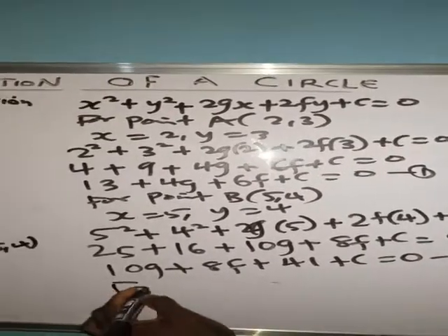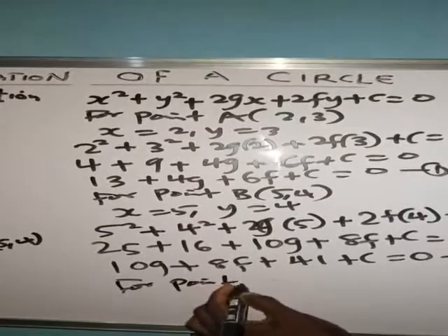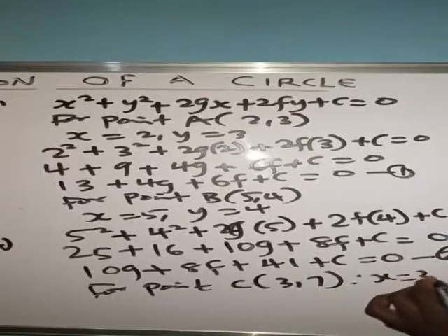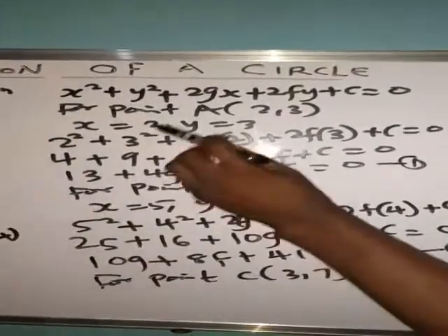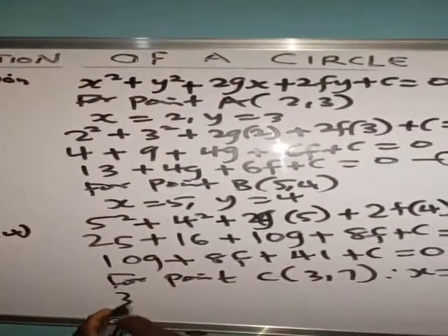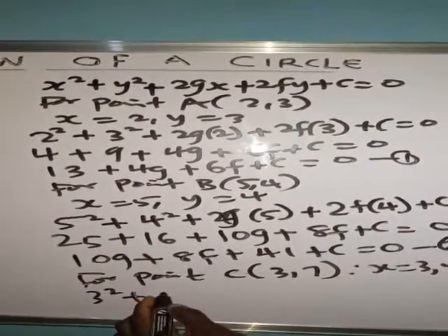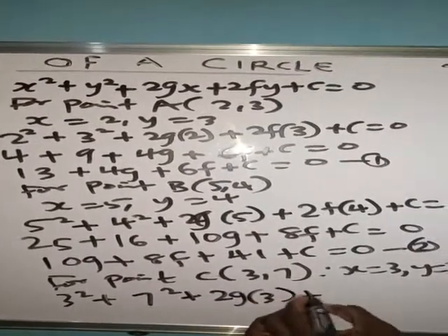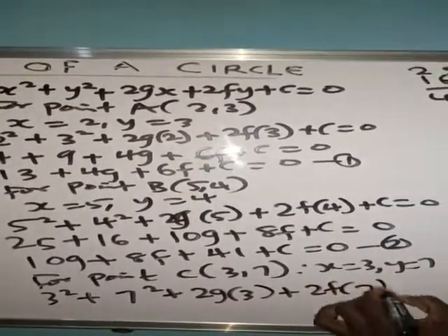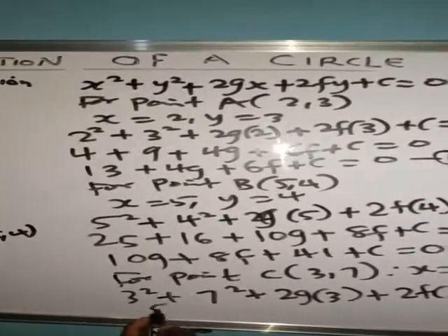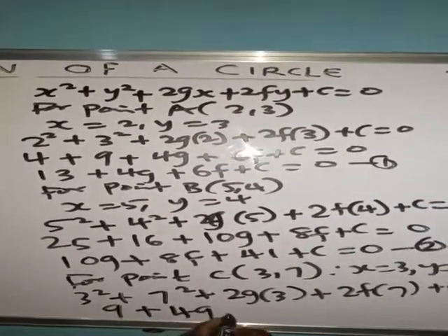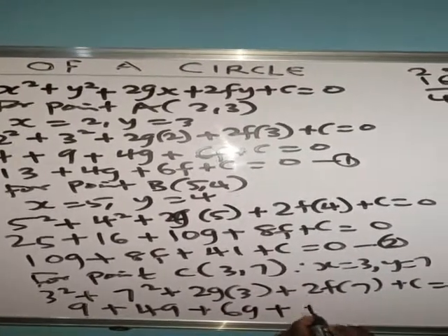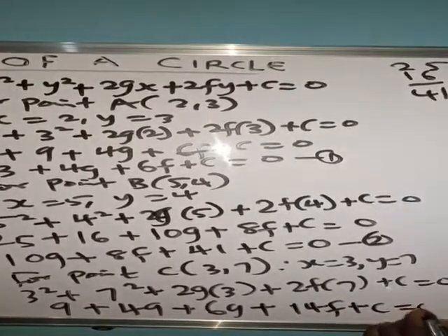And for point C, (3, 7), that means that x is 3 and y is 7. Substitute into the general equation of a circle. x squared, that's 3 squared, plus y squared, which is 7 squared, plus 2gx, x is 3, plus 2fy, that's 2f, y is 7, plus c is 0. 3 squared is 9, plus 7 squared is 49, plus 2 times 3, that is 6g, plus 2 times 7 is 14f, plus c is equal to 0.